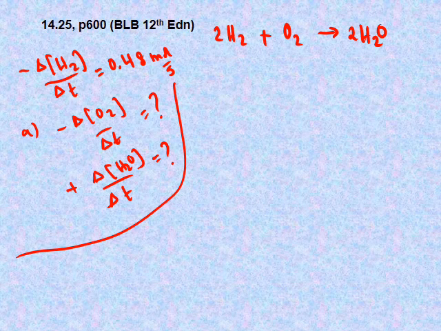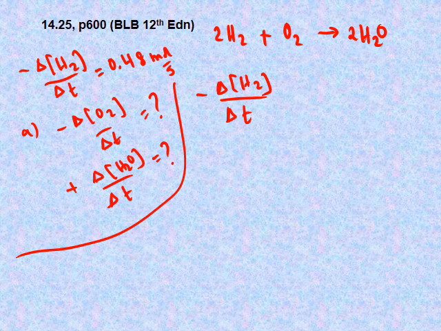First, we need to write down how these rates are related to each other in terms of hydrogen, oxygen, and H2O. Let's first assume that all the rates are equal: minus delta H2 over delta t. There's a minus because hydrogen is dissipating, or being used up.